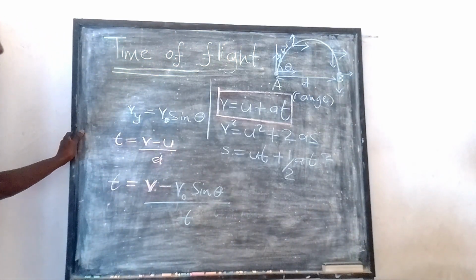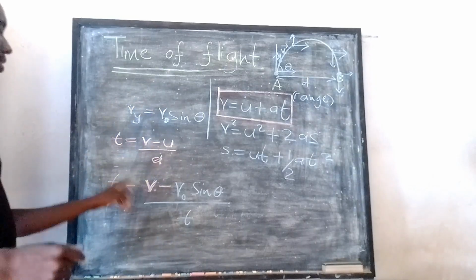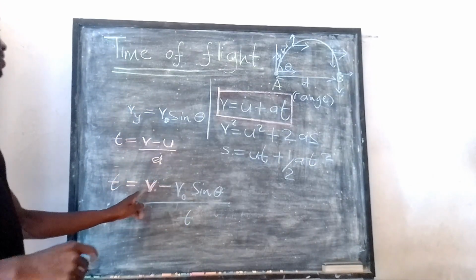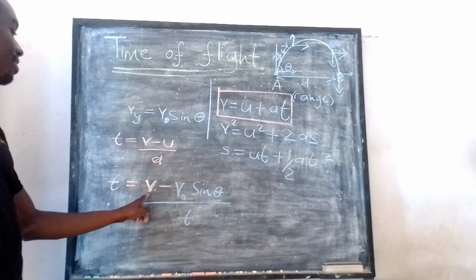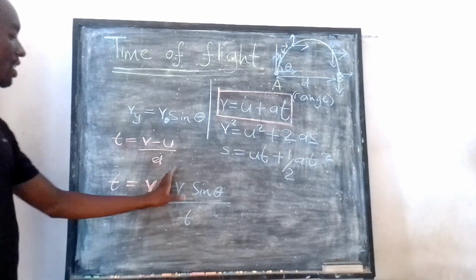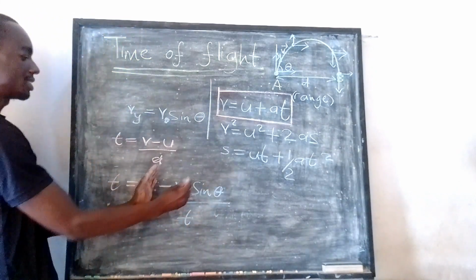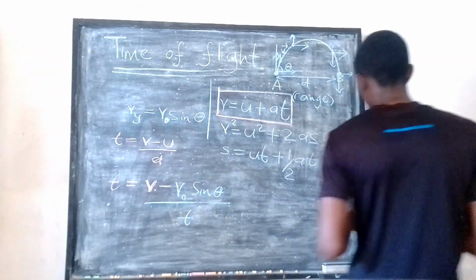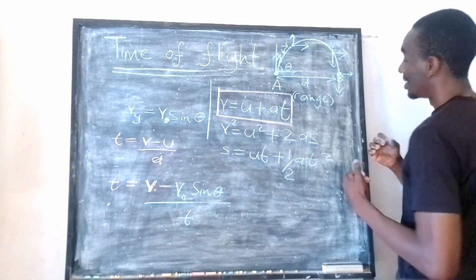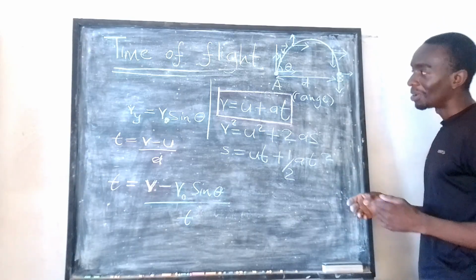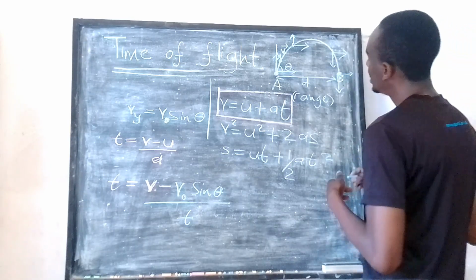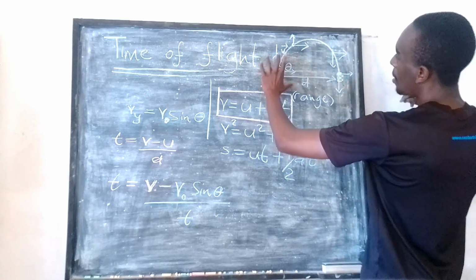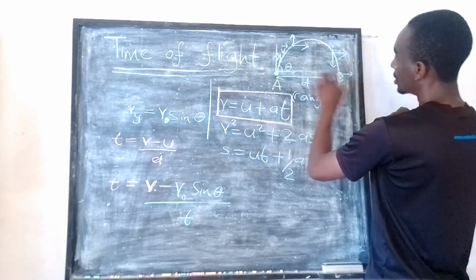Can you see this scenario? This is different from this. The reason I used v naught is that I don't want anyone trying to factor out v, thinking that this is the same as this. This is our u, this is our initial velocity. And what is the final? Now, if you remember, this is a trick, if you will. If you remember from our first video, we said the final velocity here has the same magnitude for the points on the same level.